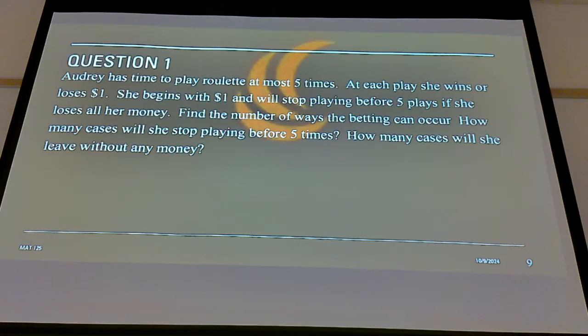If it gets its own branch, that means it's pretty in-depth. This is a fairly simple problem to count. What we're going to do is create what's known as a tree diagram.